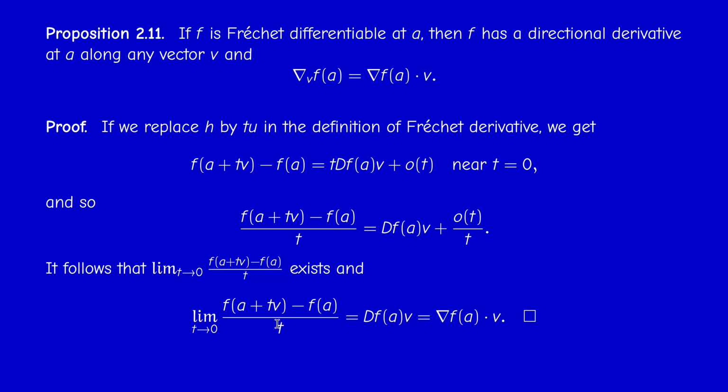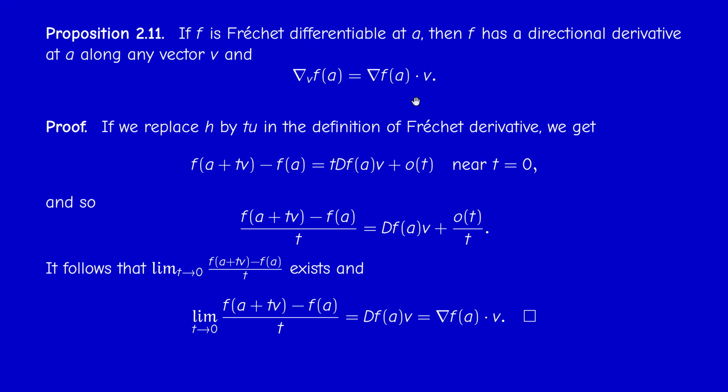And as we know, this is just the dot product between the gradient of f at A and v. So Frechet differentiability implies the existence of a directional derivative along any vector, and the directional derivative is just the inner product between the gradient and v.